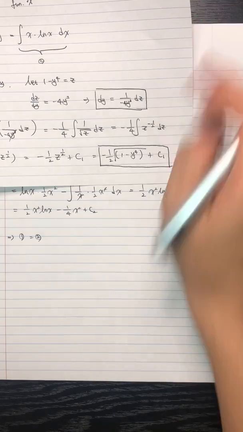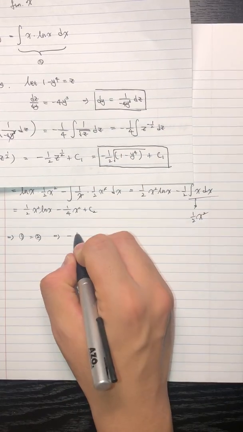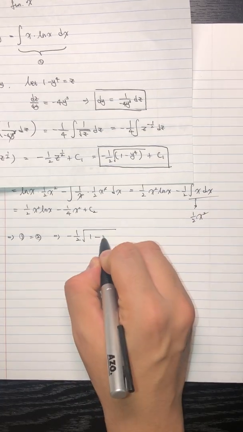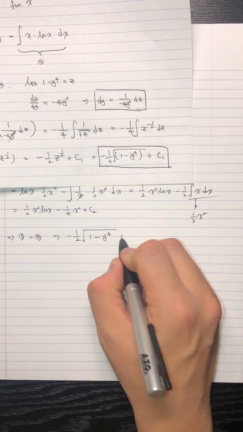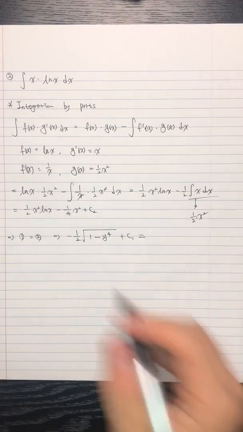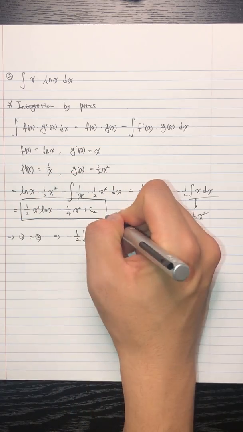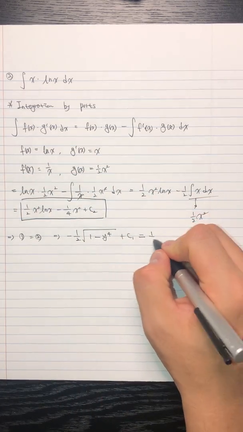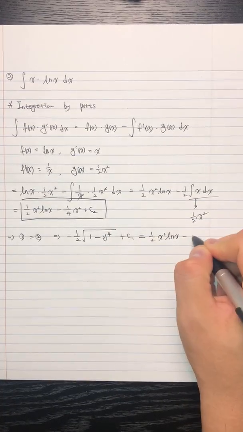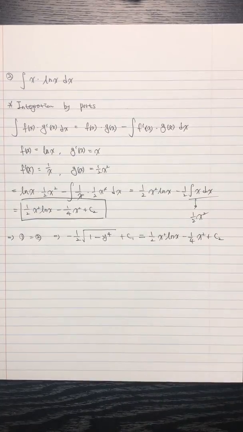It is here: negative 1 over 2 square root of 1 minus y to the fourth power plus c1 equals, what about the second answer? It is this: 1/2 x² ln x minus 1/4 x² plus c2.